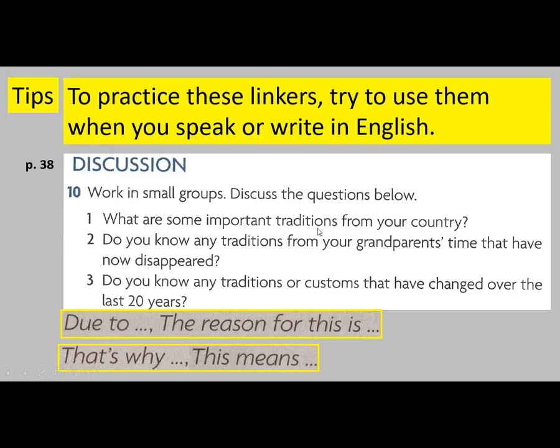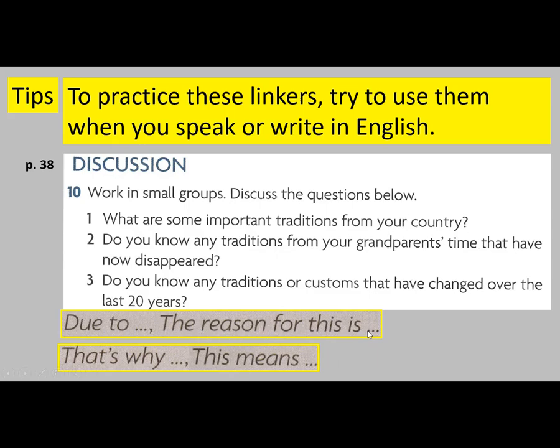So, how do you talk about this? Choose one of these traditions, and when you speak about it, you can use these things in your speaking. For example, in Saudi Arabia, Arabic coffee is very important. When we have guests in our homes, we offer them Arabic coffee.